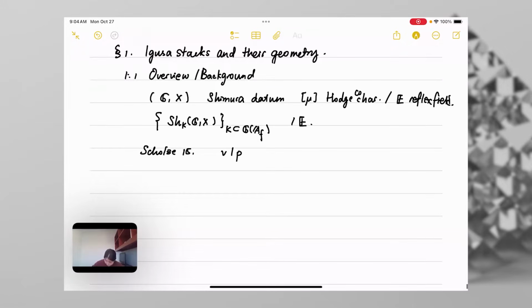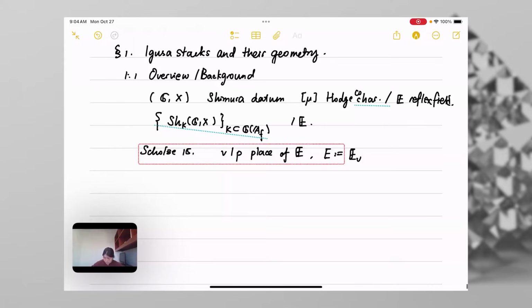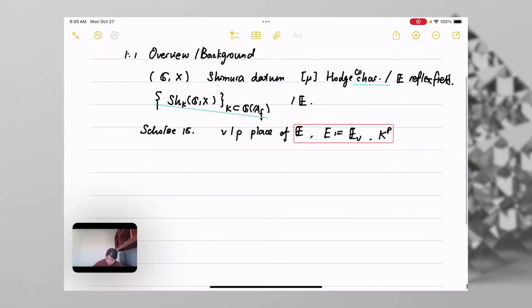For this, we fix some p-adic place of the reflex field and look at the completion of E at this place. And we fix a away-from-p level, K^p. Then one can first pass to the analog of the universal cover in this case.